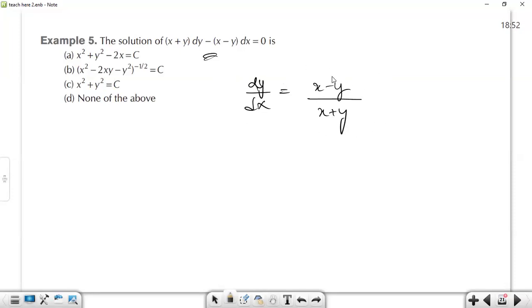The degree of y is 1, x is 1, simply. Otherwise, we can also check it by replacing y with lambda x. Then the function should become lambda raised to power n times the function, and it will remain the same.